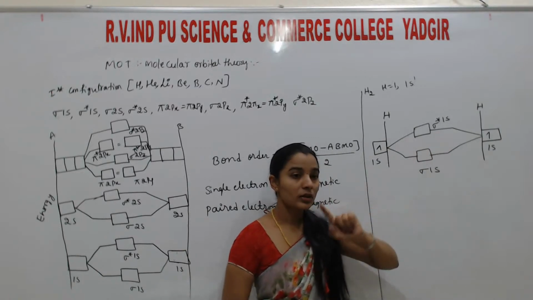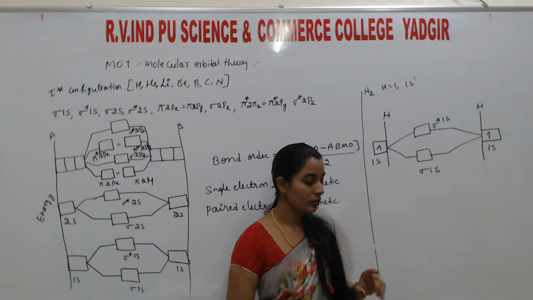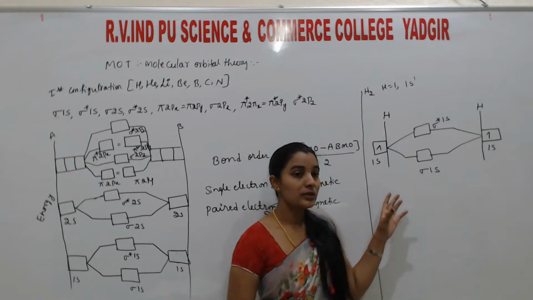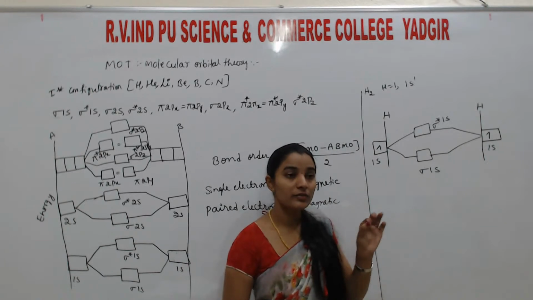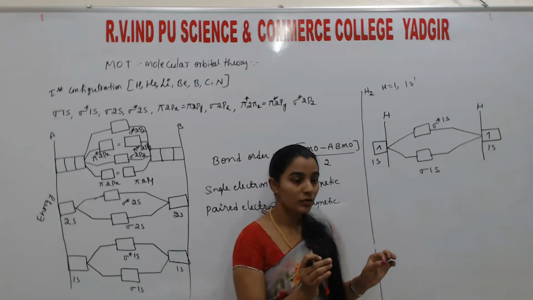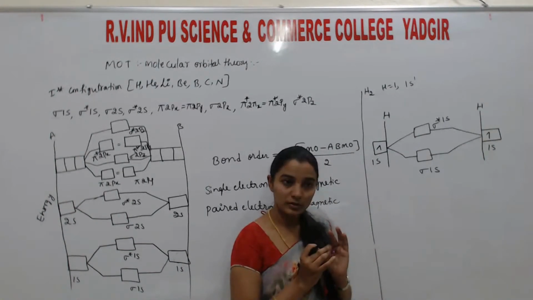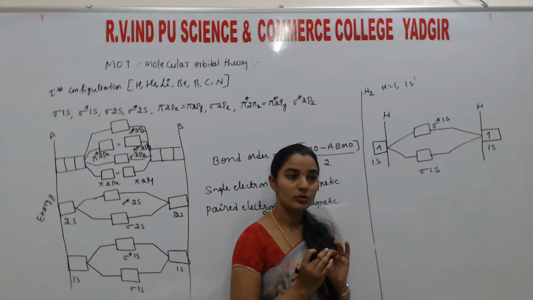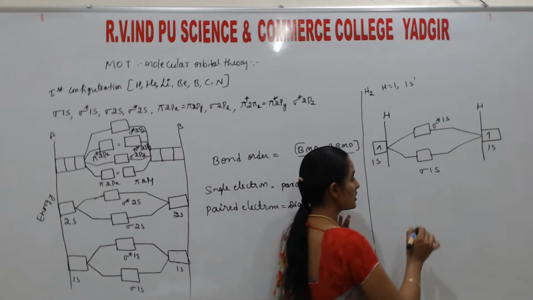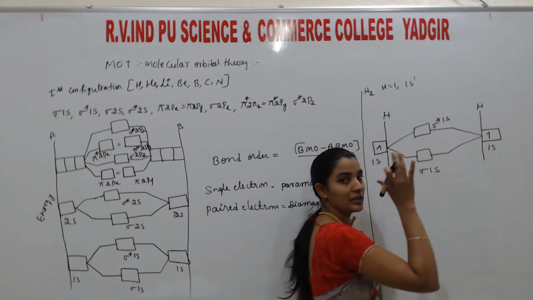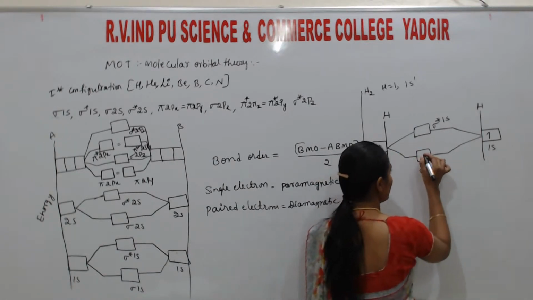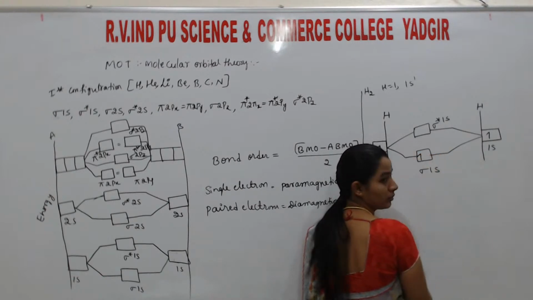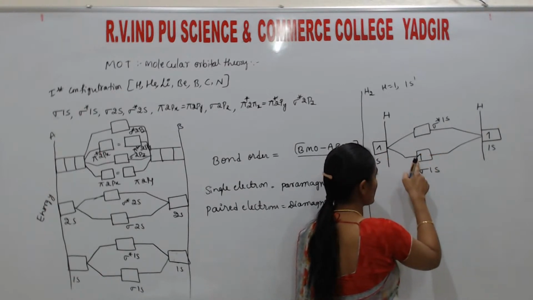Okay. So in the last postulate I told you, these atomic orbitals, even the molecular orbitals, even the electron configuration fill-up takes place according to the Aufbau principle, Pauli's exclusion principle, and also Hund's law. Means initially the lower energy orbitals fill up first, followed by higher energy. Here one electron of this atom is here.